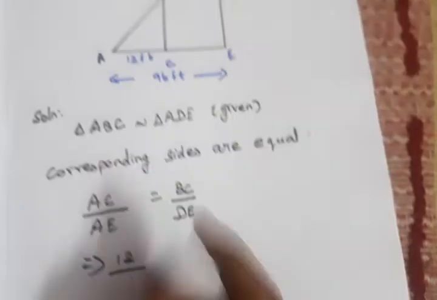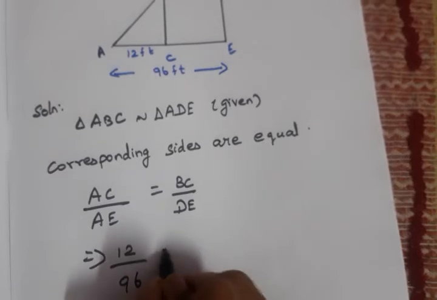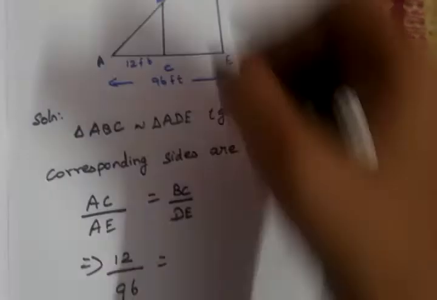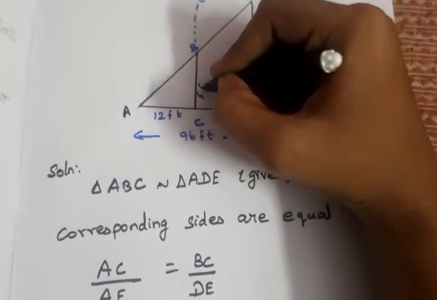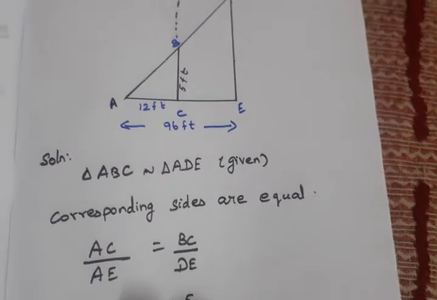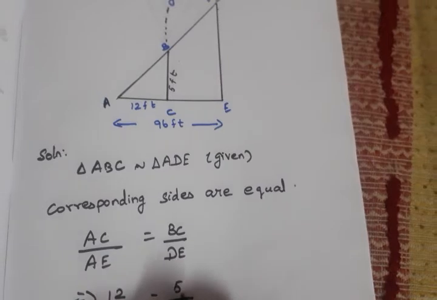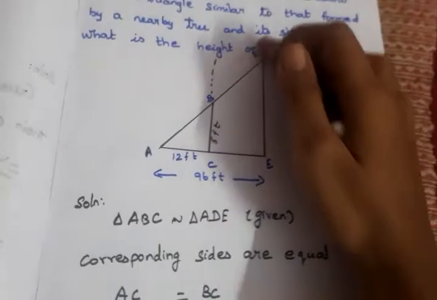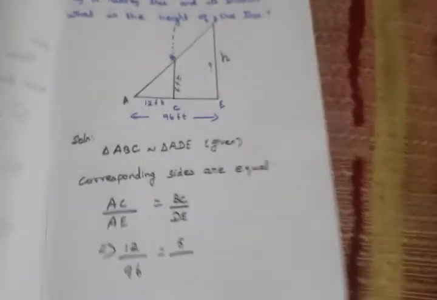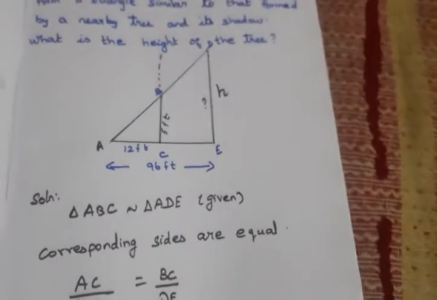Then AE value is 96. Then next, BC value is 5 feet. So BC is 5. Then next, DE value is height, which we need to find. That is the question mark. Okay. Now we find the value of height.